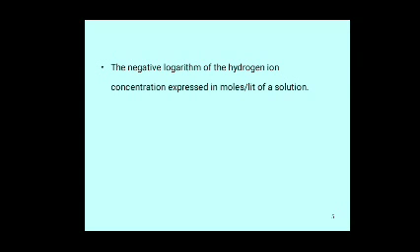This value, the negative logarithm of hydrogen ion concentration expressed in moles per liter of a solution, is called pH. pH is equal to minus log H plus ion concentration.